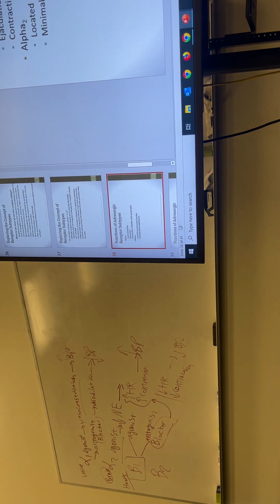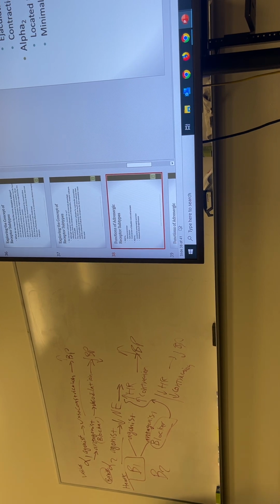Make sense? So with the beta 1 agonist, blood pressure goes up, right? Again, what is the beta 1 agonist? Epinephrine. They give a shot of epinephrine, IV epinephrine drips when the person is in shock. This is the treatment. Blood pressure goes up. When the patient is hypertensive, what do they do? Beta blockers, beta 1, sorry. Beta 1 antagonist or blocker. Why?